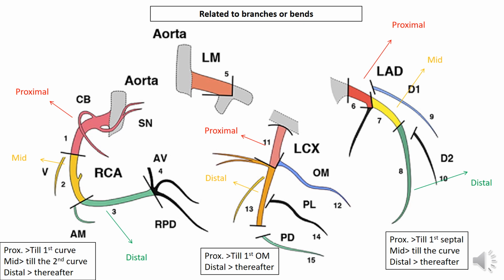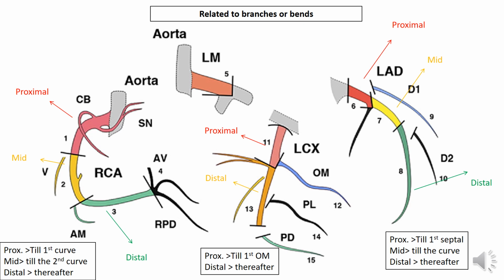Then the RCA gives a branch that supplies the right ventricle called the RV branch, and another branch that runs along the lower border of the heart called the marginal branch, and the famous terminal branches, the posterolateral branch on the AV groove and the posterior descending artery on the posterior interventricular septum.